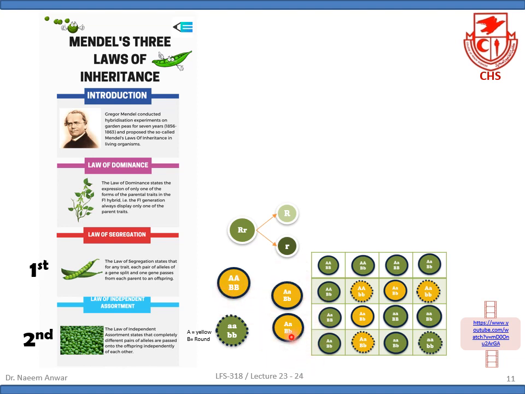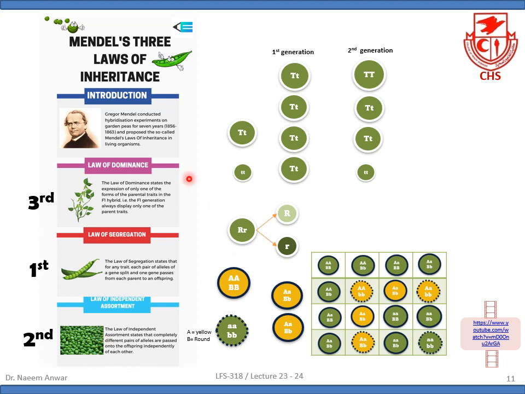They have both recessive, or the other trait. So once these are mated, you can see that these combinations can be produced. So this is the second law of Mendel.